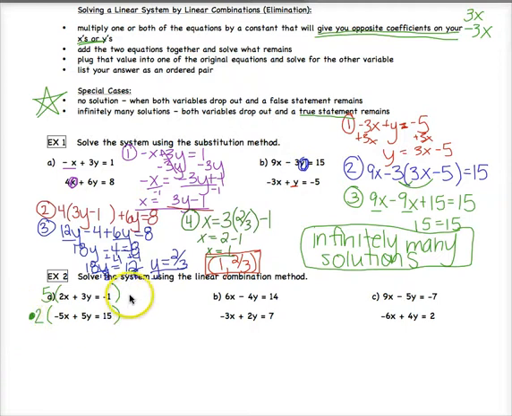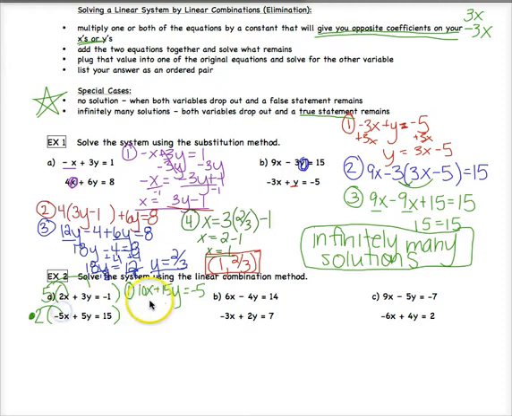And what I get when I do that is what I'm going to write over here for my step 1. 5 times 2x is 10x. I'm just distributing here. 5 times 3y is 15y. 5 times negative 1 is negative 5.